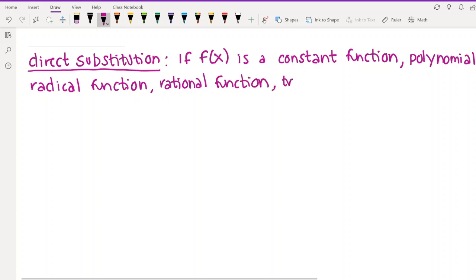A trigonometric function, so those are the ones you learned about in 142, pre-calc 2. An inverse trig function, and also could be a logarithmic or exponential function.